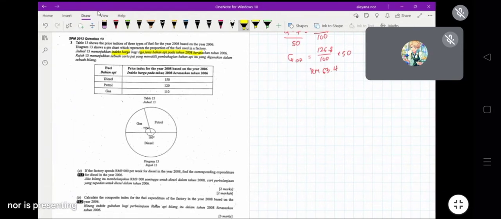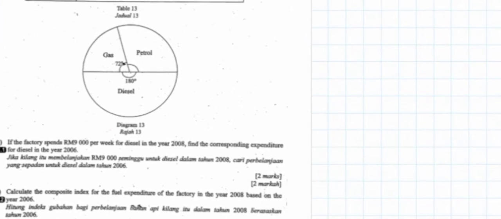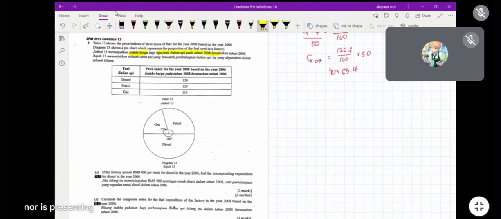Question A. If the factory spends 9,000 ringgit per week for diesel in the year 2008, find the corresponding expenditure for diesel in the year 2006. So this is also easy.